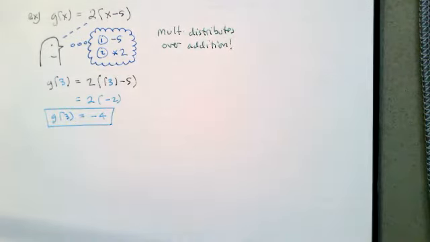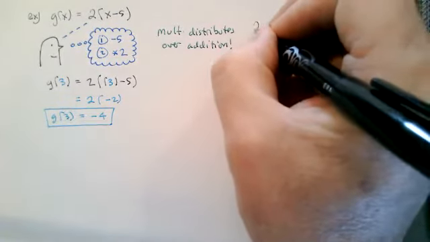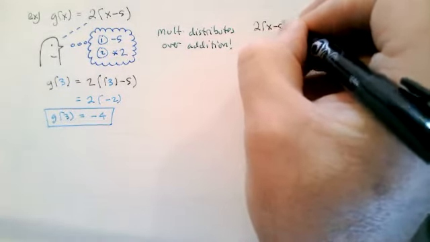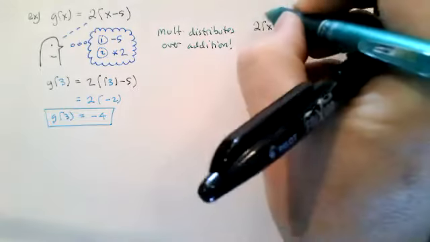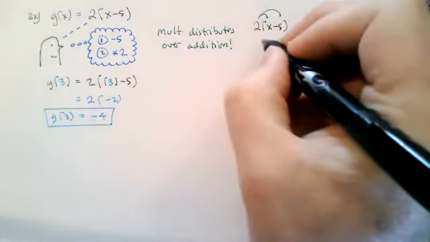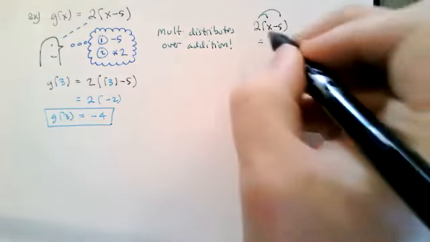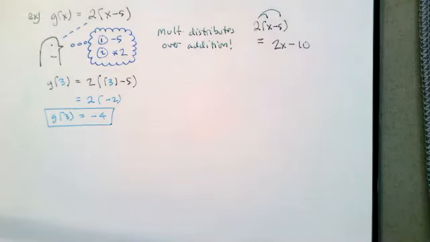If we distribute the 2, I can write an equivalent function, 2x minus 10. So here is another form of g of x, 2x minus 10.